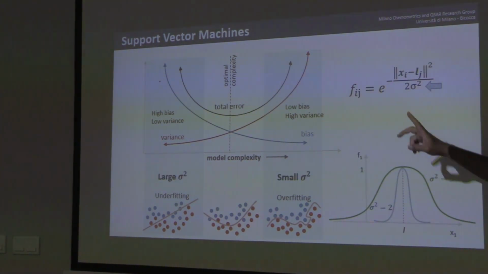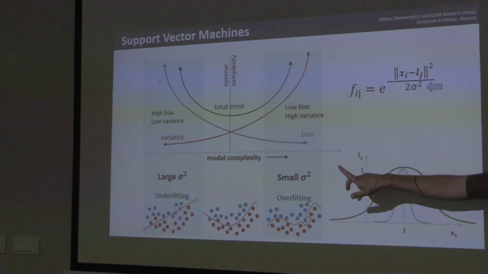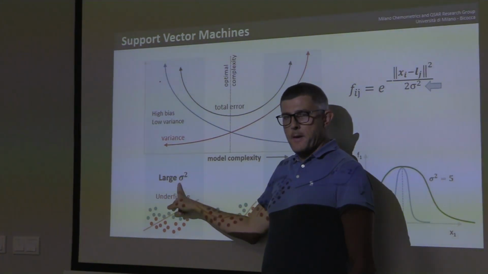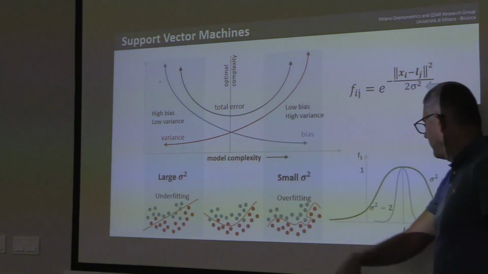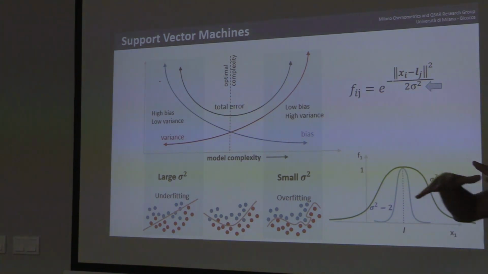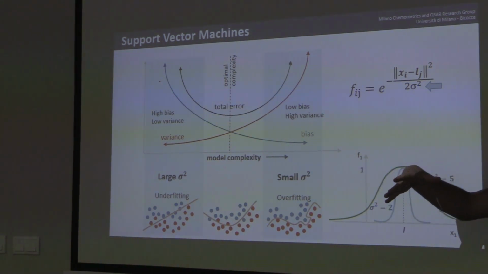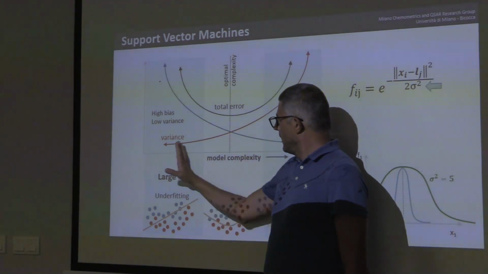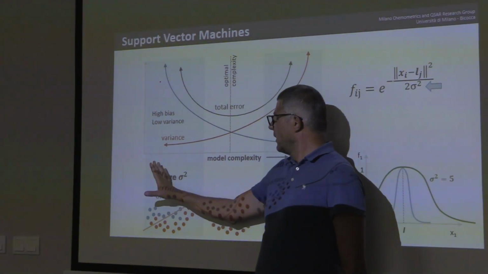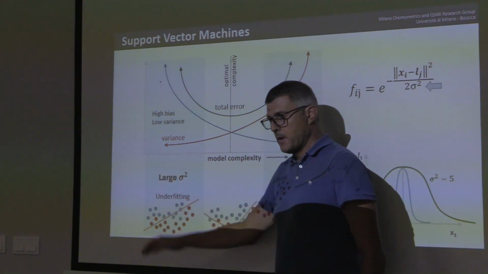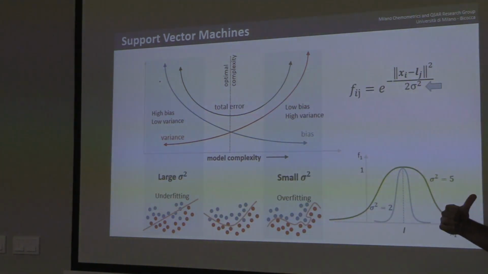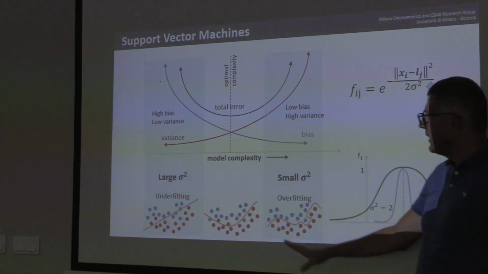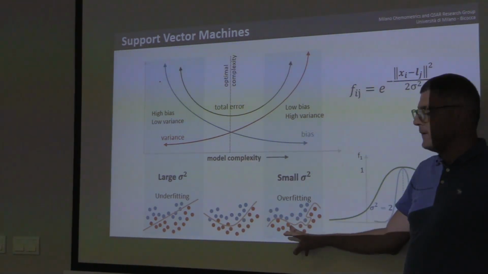Sigma is the opposite. So when you use a large sigma, do you remember the effect is to have a very large Gaussian kernel? So large sigma can bring you to underfitting, but on the opposite, of course, a very small sigma can bring you to overfitting.